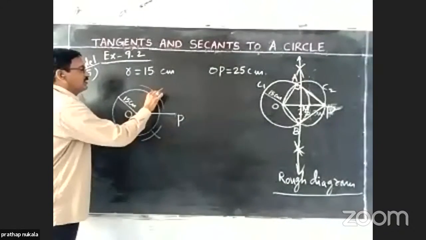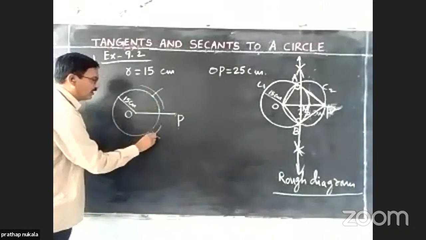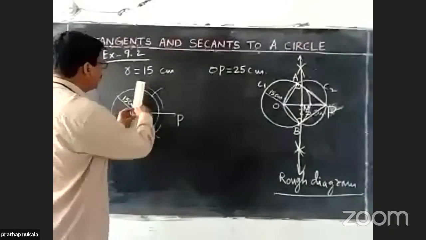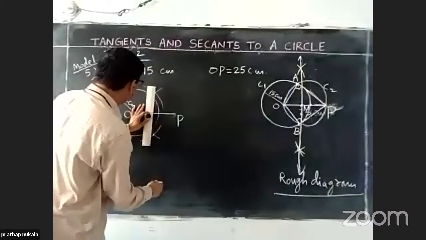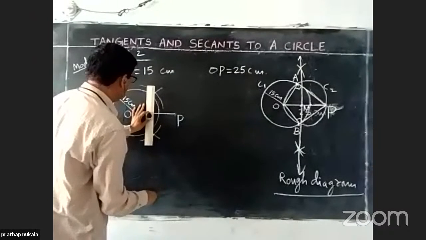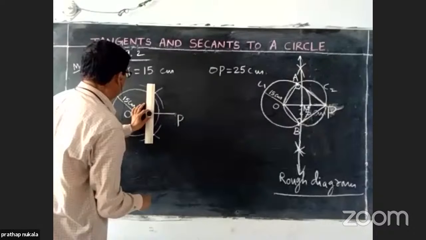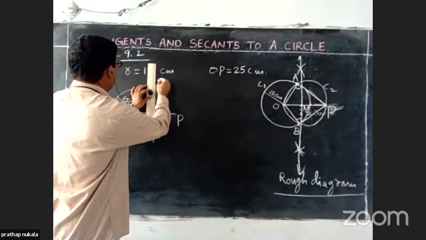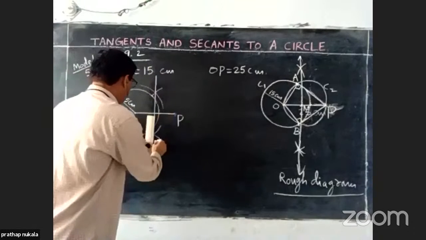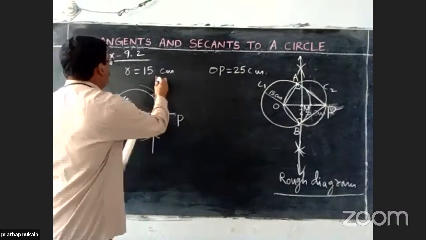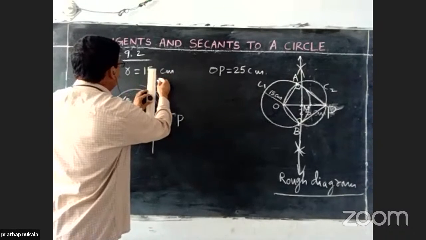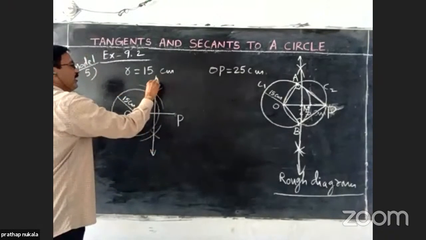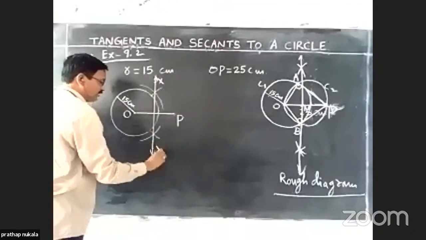First, locate the intersection points of the two arcs like this. Join these two points by ruler, say the line XY.